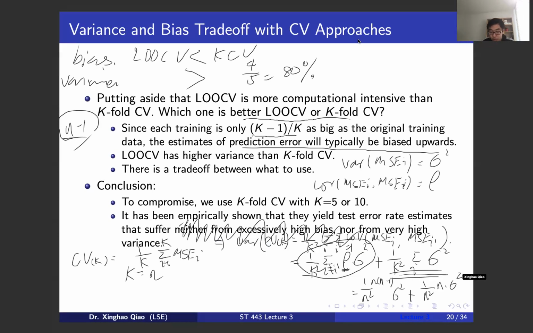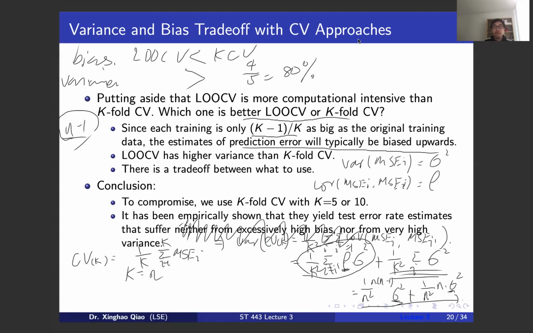So both the variance and the covariance are almost the same, the same magnitude of sigma squared. That actually makes the variance very large.